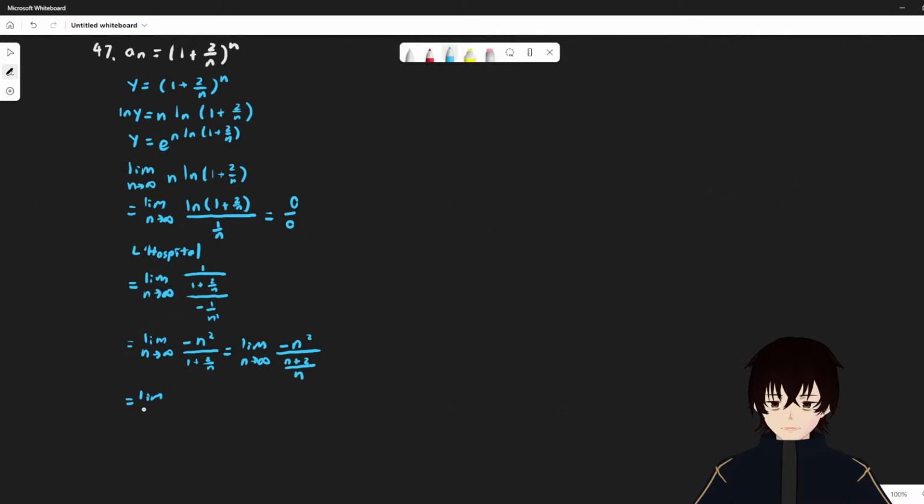Equals the limit as n approaches infinity of negative n to the power of 3, or n plus, wait, this can't be right. What's the answer? e to the power of 2, so this needs to be equal to 2, but this currently does not equal 2.